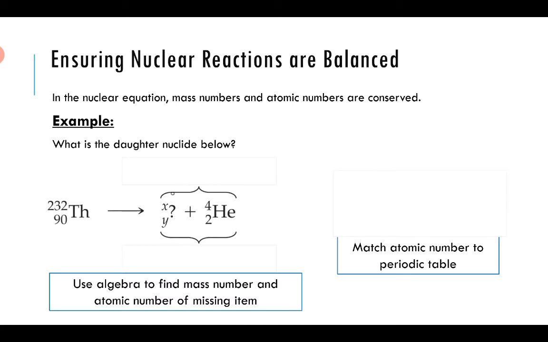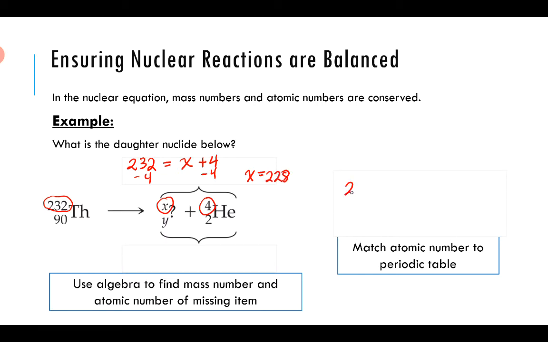We know that the sum of the mass numbers has to be the same. So 232 is going to be equal to x plus 4. If I subtract 4 from both sides, 232 minus 4 is 228. And so x is equal to 228.